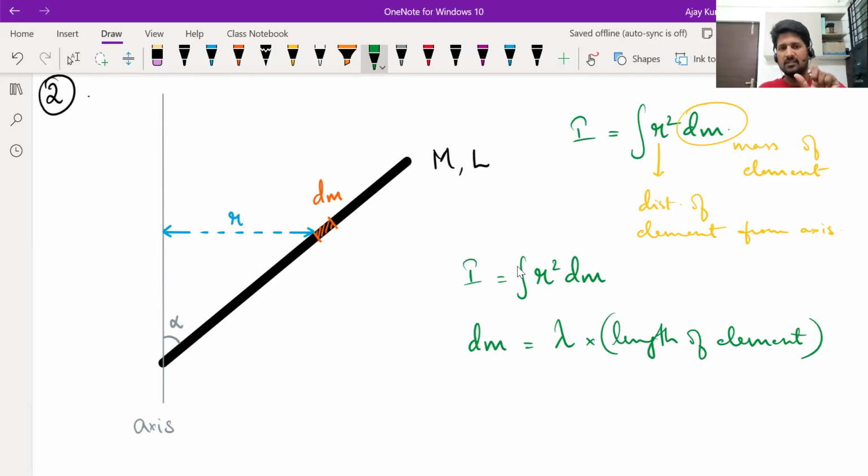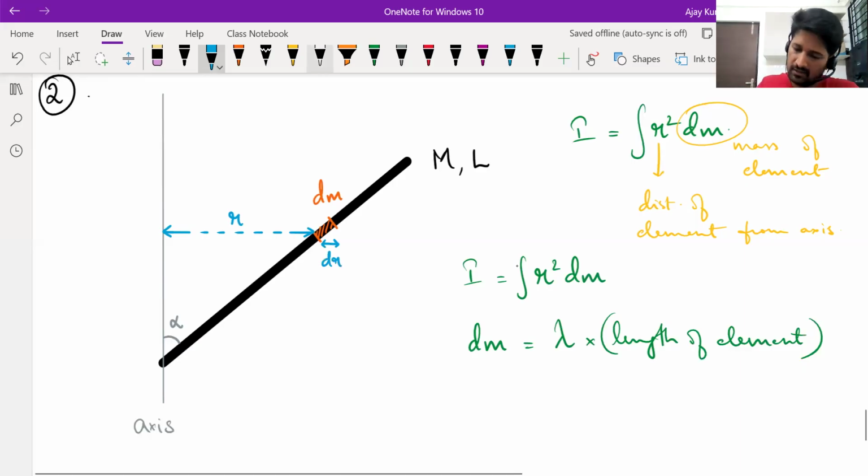Now we have assigned the symbol r to the distance from the axis to the element. Then dr means the change in that distance. So dr will be this distance now. One of you tell me, is dr the length of the element?